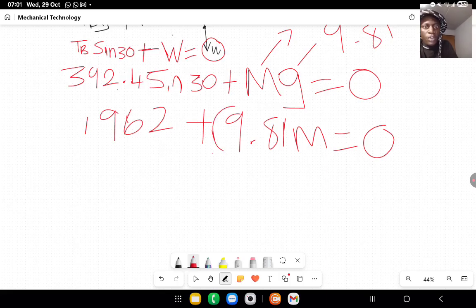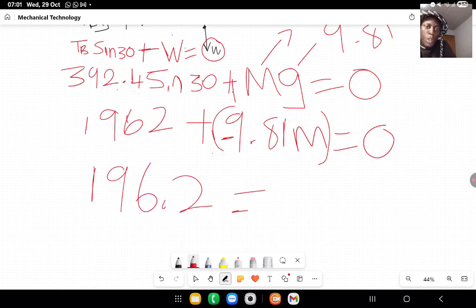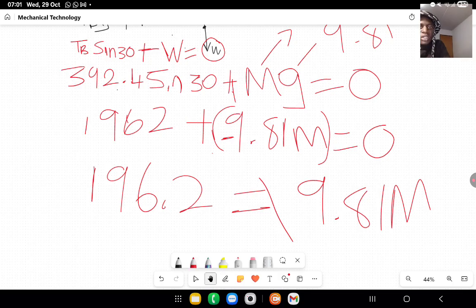I forgot, don't make a mistake guys, it's going to be negative. Therefore we now transpose: 1196.2 is equal to positive. Now it's positive because we bring the 9.81 mass across. Weight is always downwards, so it is positive.